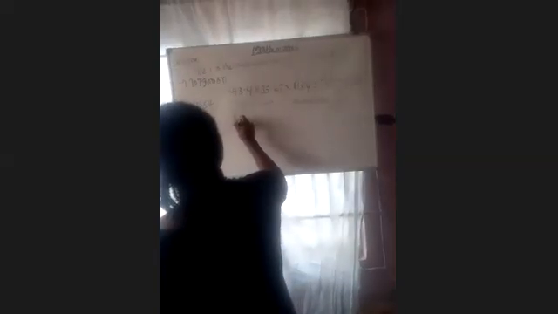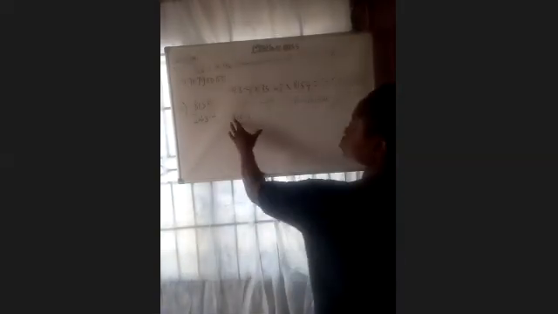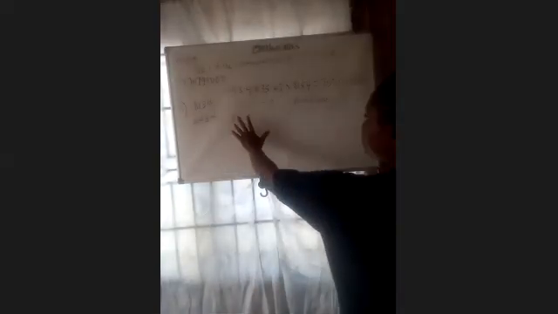Under the number, the first number we have is 8154. We have 4 digits, 1, 2, 3, 4, with no decimal point. When we subtract 1 from these 4 digits, we have our characteristic to be 3.